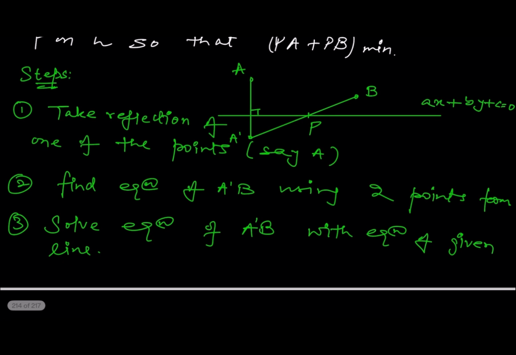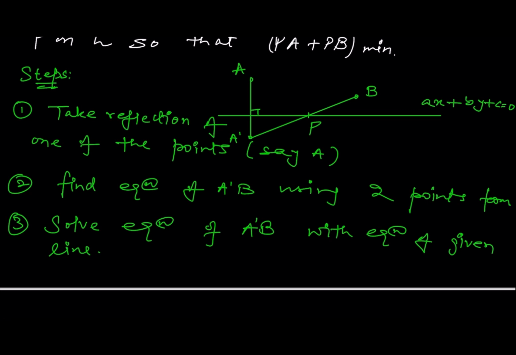Why is it the required point? We required AP plus PB minimum, okay? And we have already said that A dash P plus PB will be minimum if A dash P and B are collinear.